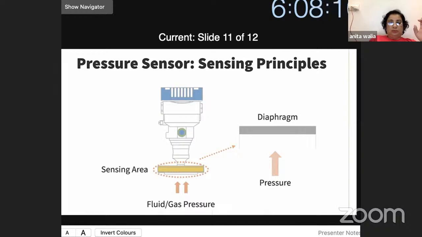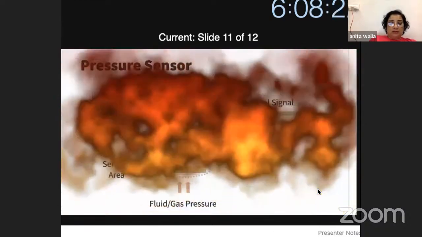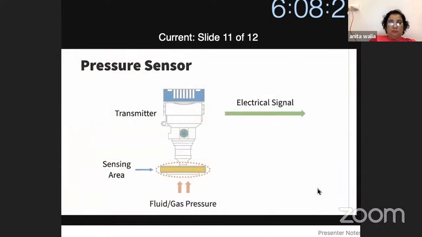The sensing principle is mentioned in the data sheet, and the output of the sensed pressure is transmitted in the form of electric signals like volts and currents connected to an analog, right?